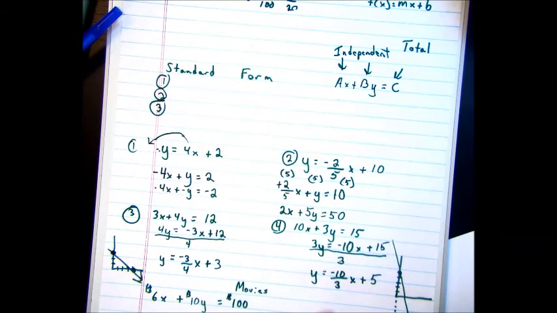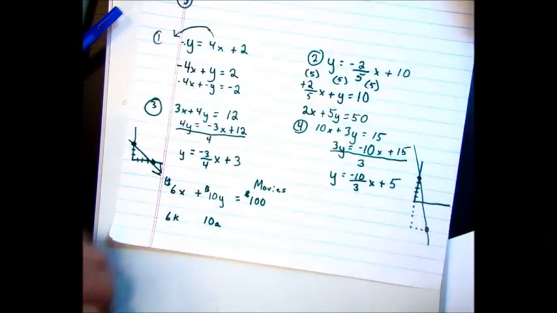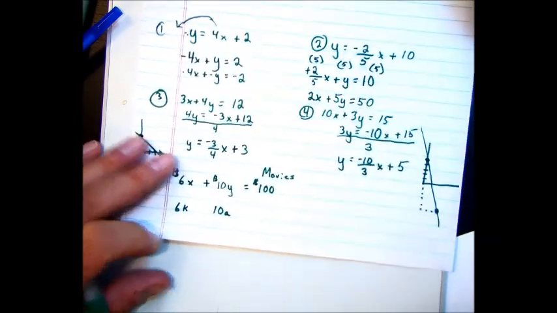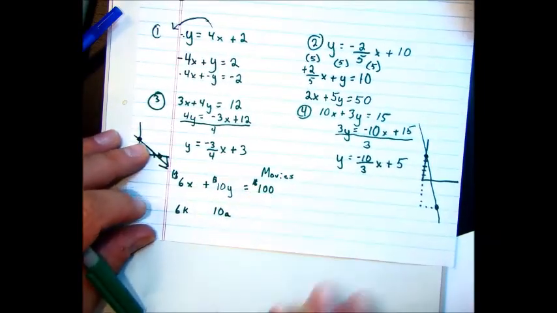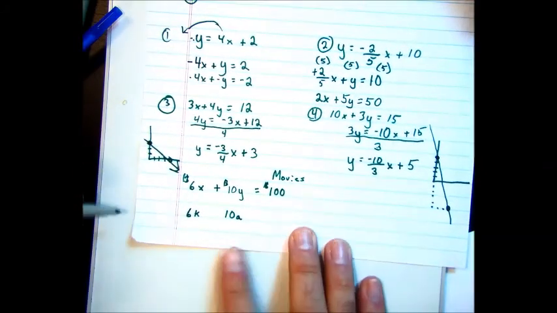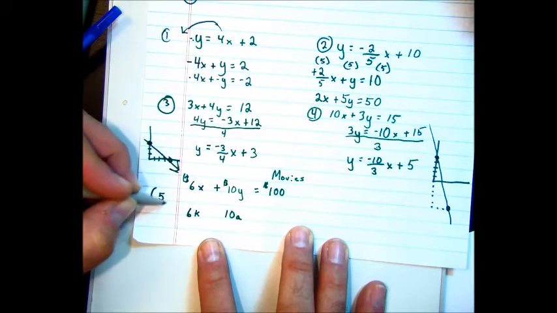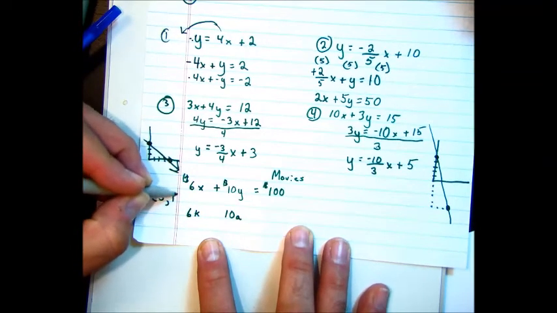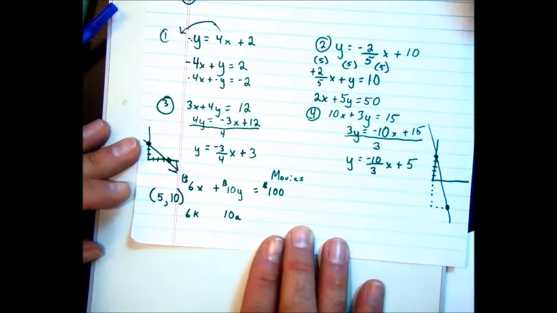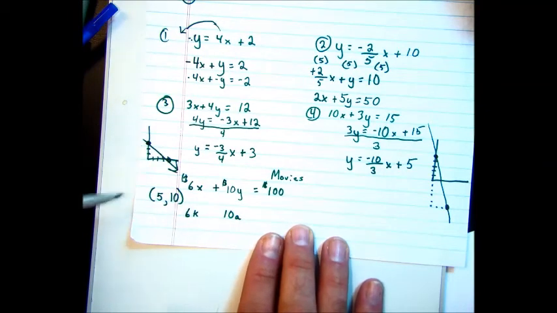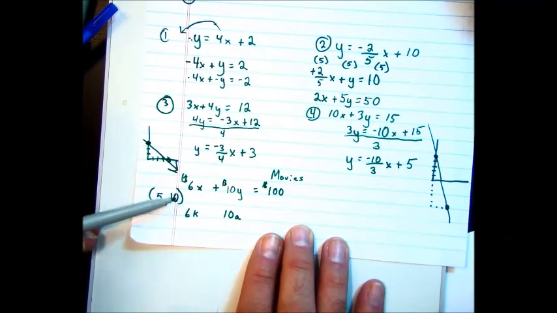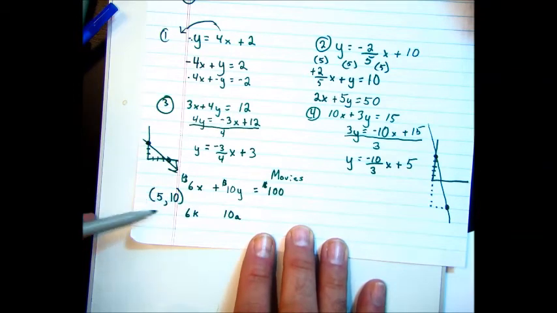So let's say instead of them telling us there was $100 in the movie, let's say they tell us 5 kids went and 10 adults. Okay, 5 kids, 10 adults. They gave it to us as an ordered pair. This time they didn't give us the total.